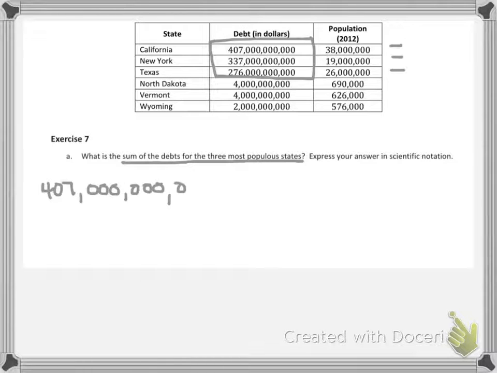I'm just going to write it down here and make sure that we can all change this into scientific notation. So here's the standard notation, and in order to change it, I need my decimal to be right behind the 4. So I need to move 1, 2, 3, 4, 5, 6, 7, 8, 9, 10, 11 places. So this is going to be 4.07 times 10 to the 11th.